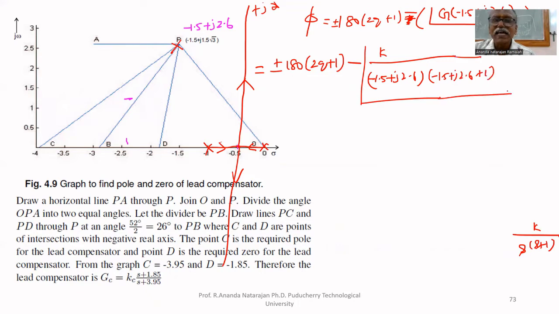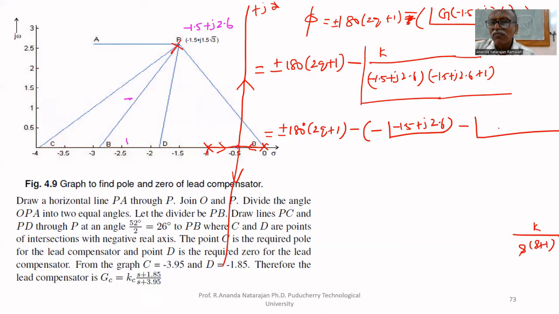So for that, we have to find the angle. Angle of this can be written as plus or minus 180 degree (2q plus 1) minus angle of minus 1.5 plus j 2.6, minus angle of minus 1.5 plus 1, equal to minus 0.5 plus j 2.6.